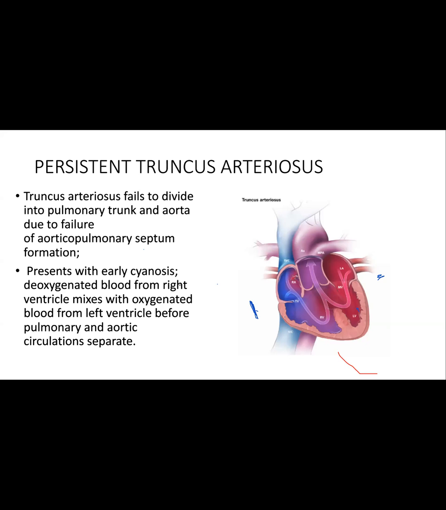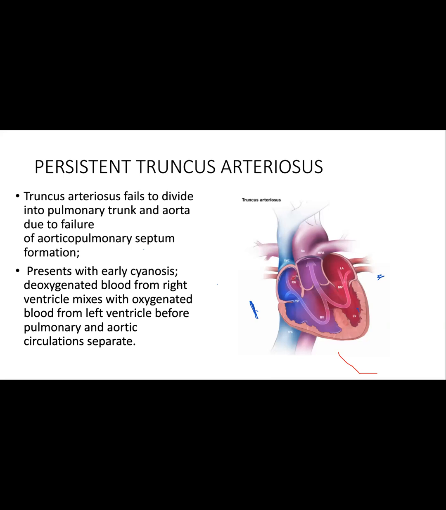A persistent truncus arteriosus describes when this developmental structure does not divide into separate arteries. So instead the baby is left with one giant trunk, one giant artery, and it also has a ventricular septal defect, which allows oxygenated and deoxygenated blood to mix before it's ejected through this trunk.